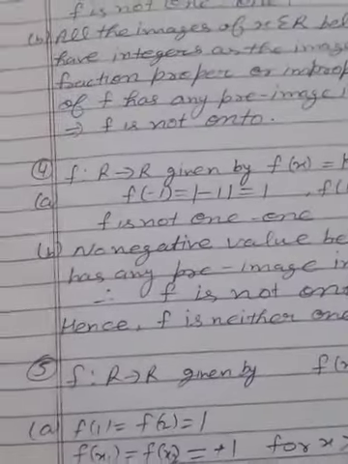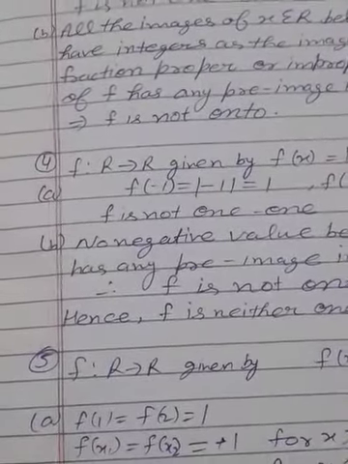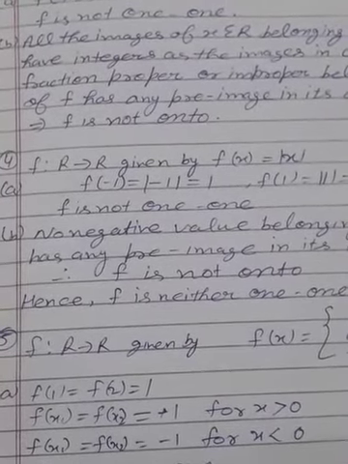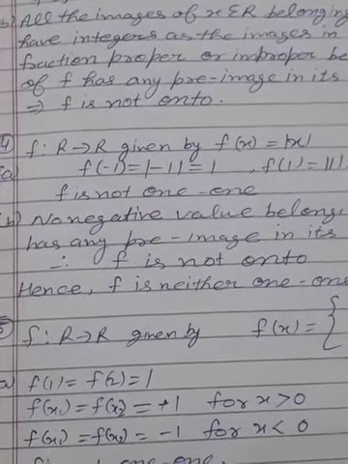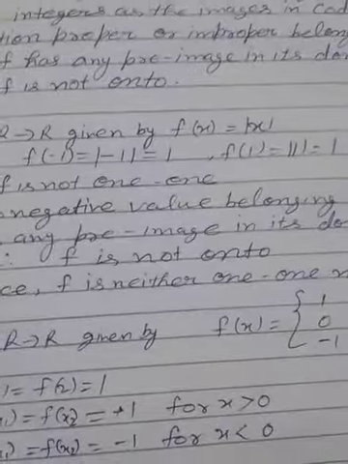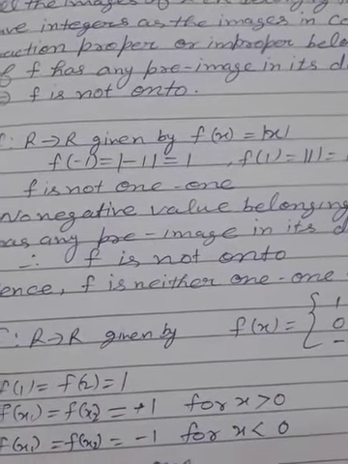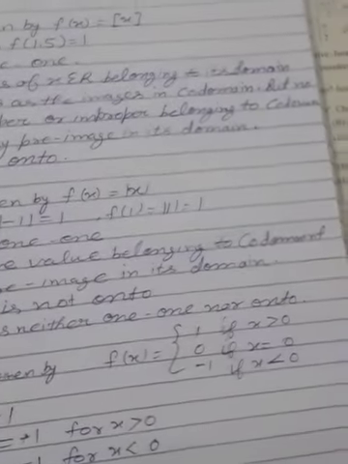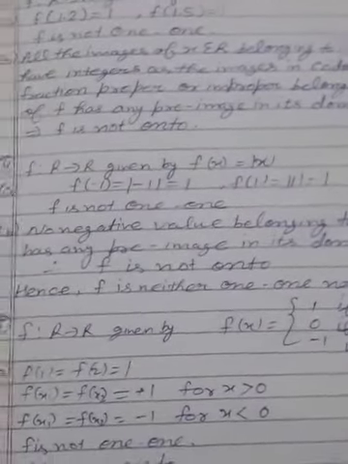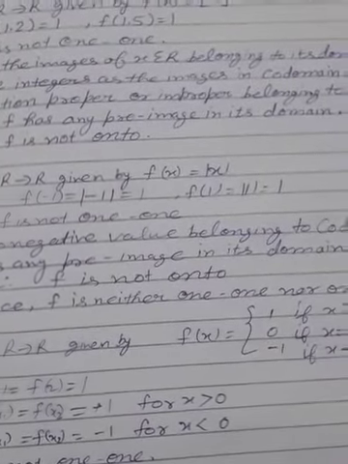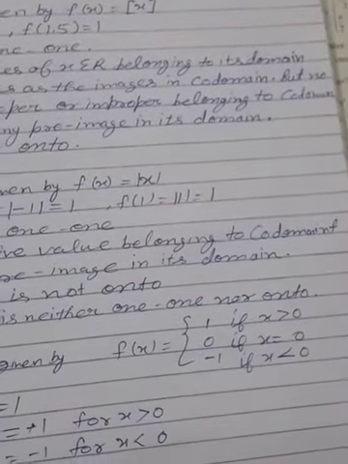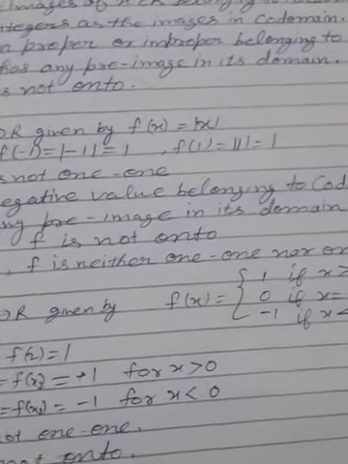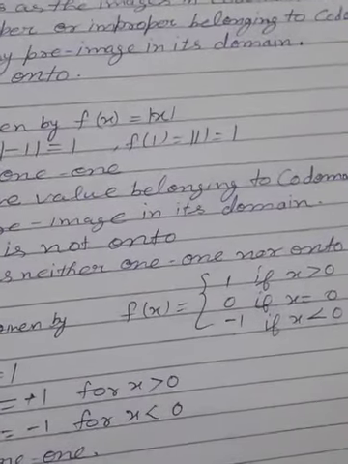Question 4, f of minus 1 equal to mod of minus 1, we take positive, equal to 1, f of 1 equal to mod of 1 equal to 1, then f is not one-one. No negative values belonging to the codomain have any preimage in its domain, then f is not onto. Hence f is neither one-one nor onto.